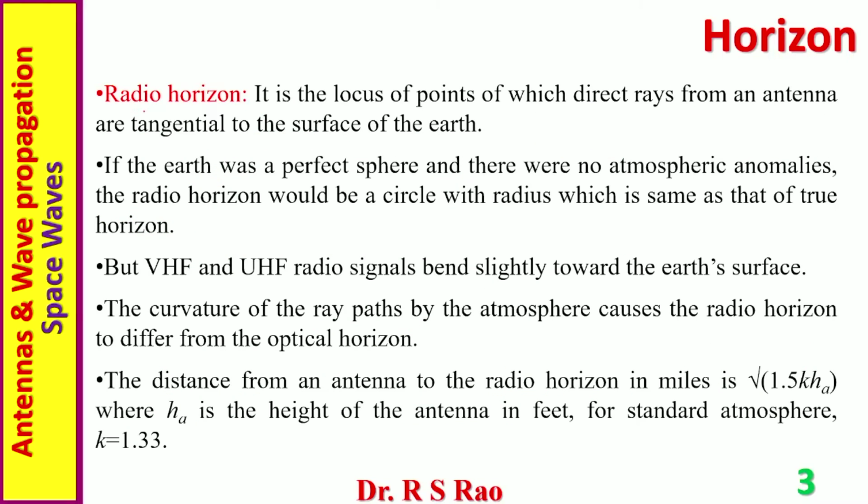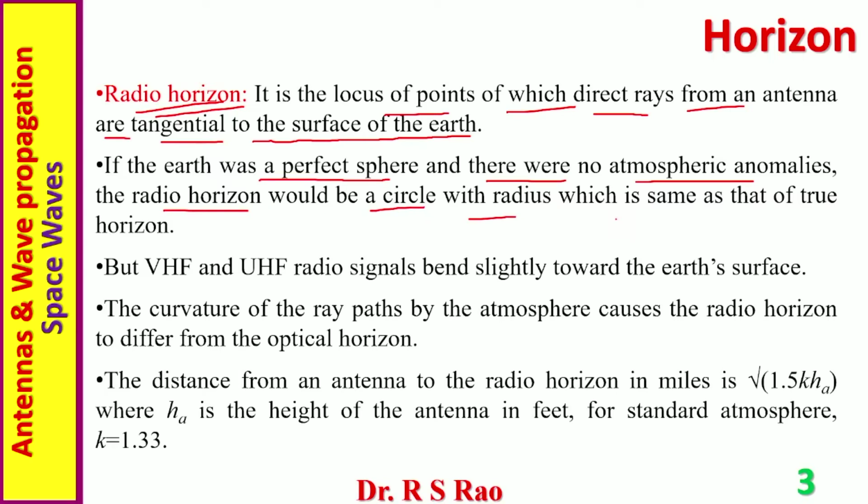A few points regarding radio horizon. It is the locus of points at which direct rays from an antenna are tangential to the surface of the earth. If the earth was a perfect sphere and there were no atmospheric anomalies, the radio horizon would be a circle with radius which is same as that of true horizon.